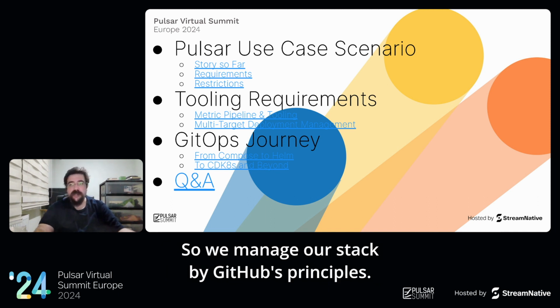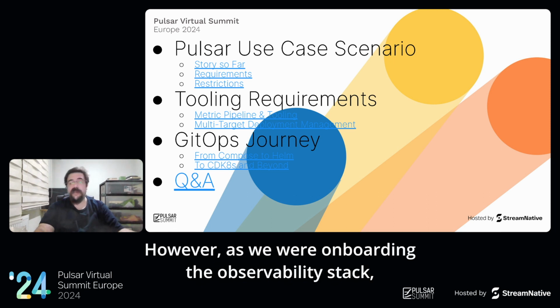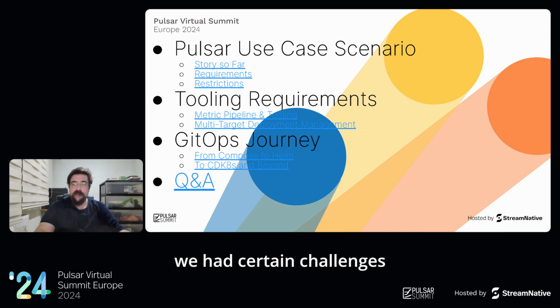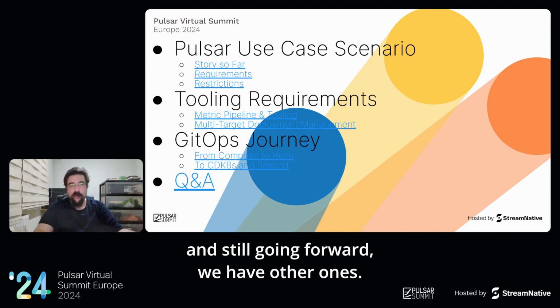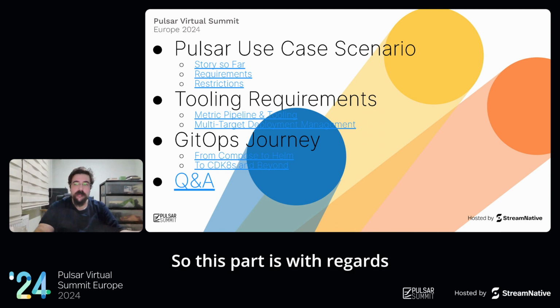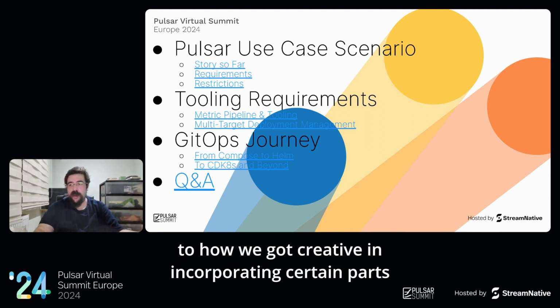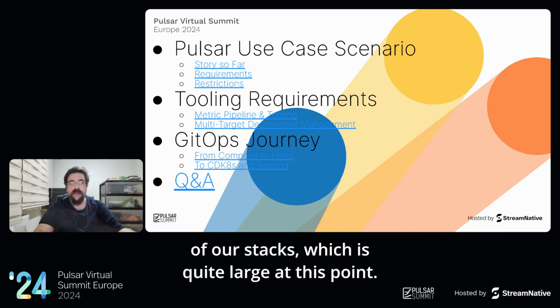We manage our stack by GitOps principles. However, as we were onboarding the observability stack, we had certain challenges, and going forward we have other ones. So this part is with regards to how we got creative in incorporating certain parts of our stack, which is quite large at this point.